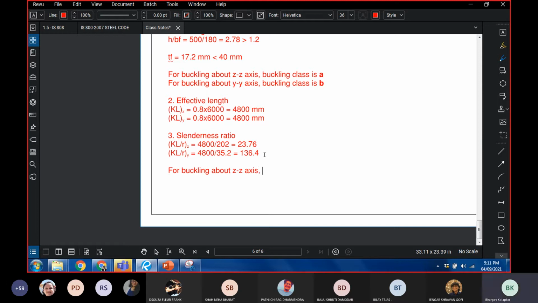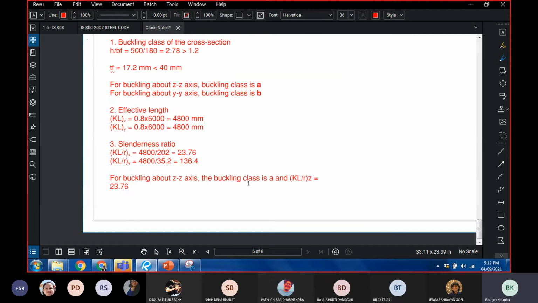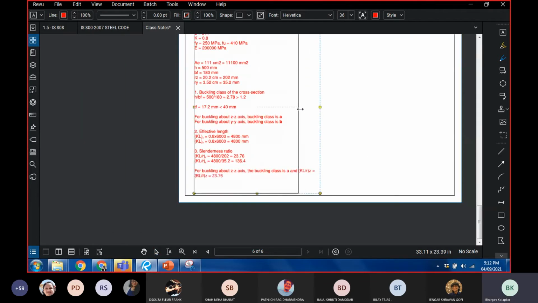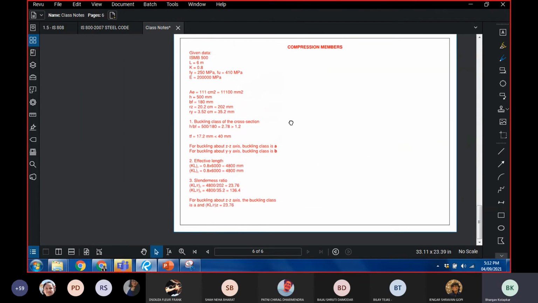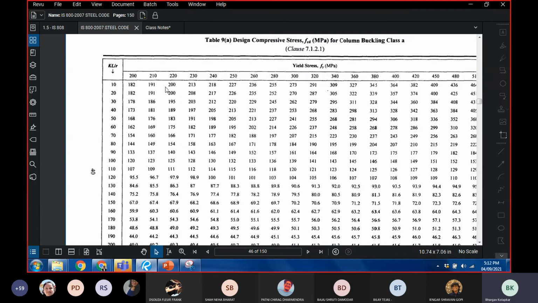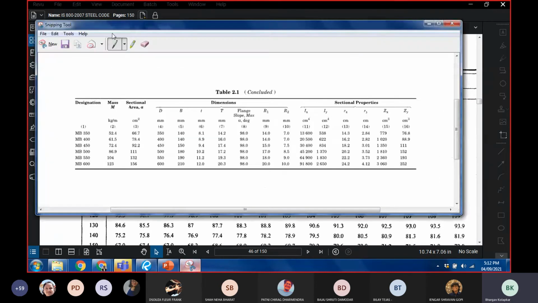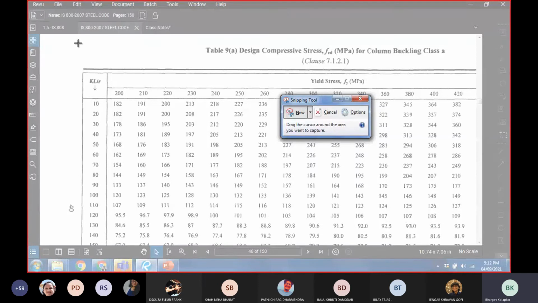For the ZZ axis, the buckling class is A, and the slenderness ratio KL upon r is 23.76. I'm just pasting it here so that we can refer to it easily.